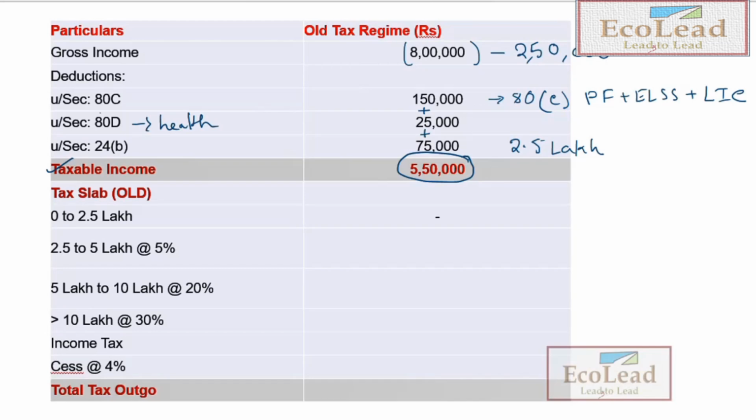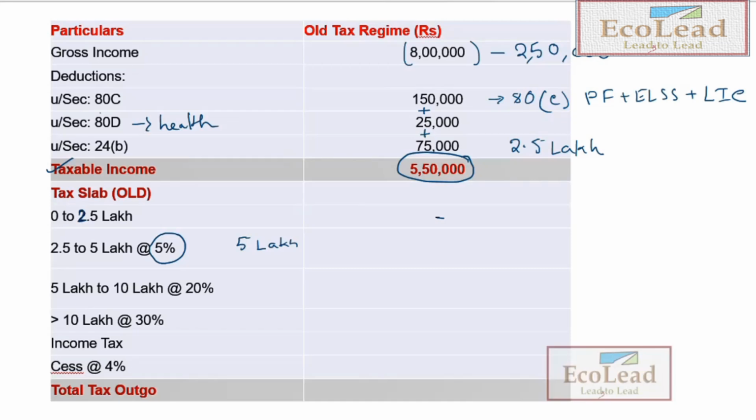Now on this amount, the tax rate will be applicable. So we know that up to 2.5 lakh there is no tax. We need not pay any tax. But if it is above 2.5 lakh, then 5% tax will be applicable up to 5 lakh rupees. So the upper limit is 5 lakh from the taxable income. So if it is above 5 lakh, then up to 5 lakh we will calculate at this stage.